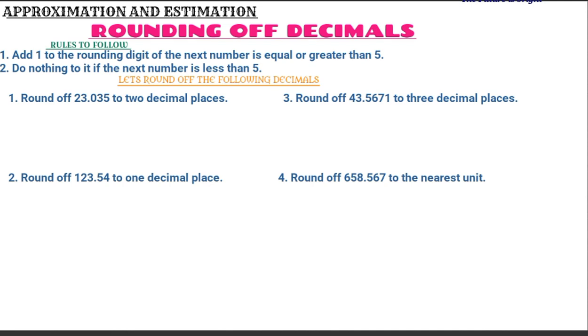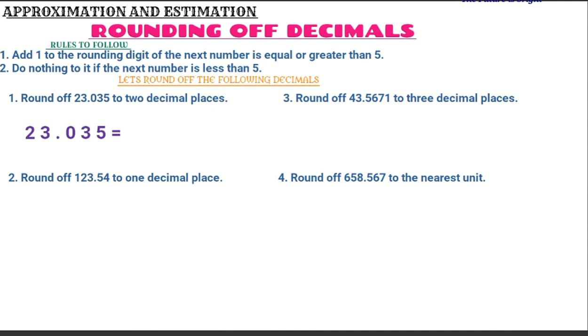Round off 23.035 to 2 decimal places. What I'm going to do next is rewrite this number down.